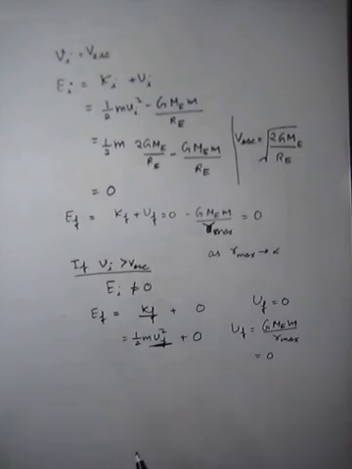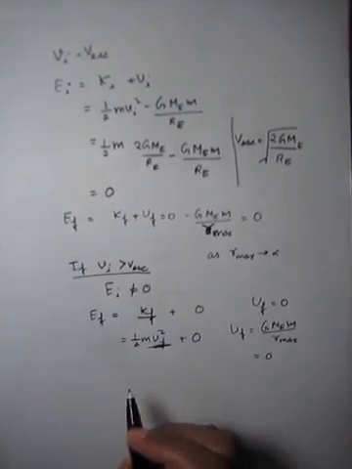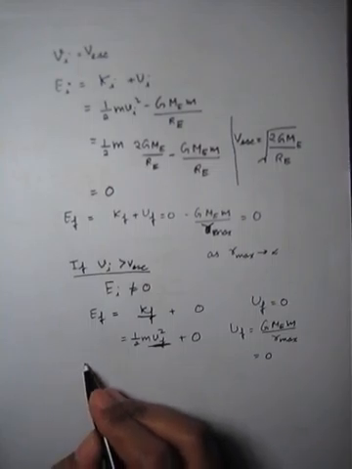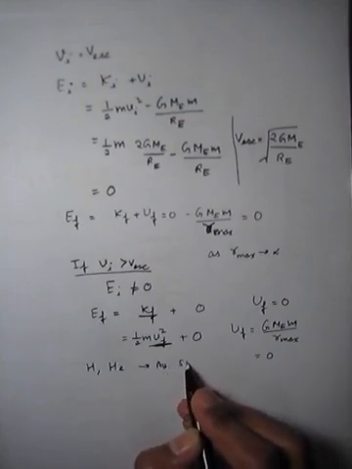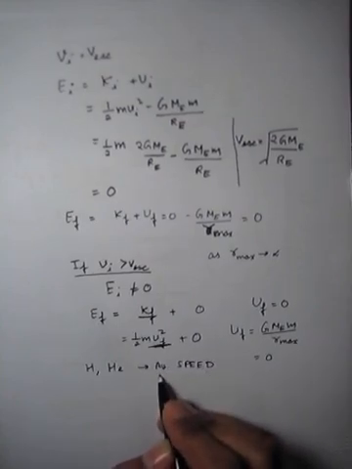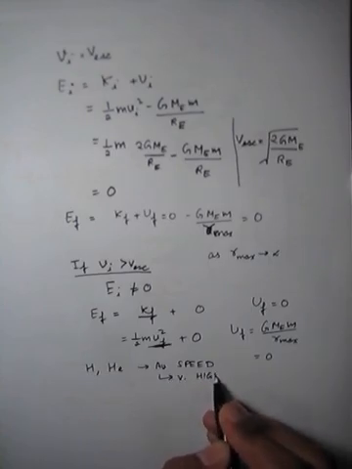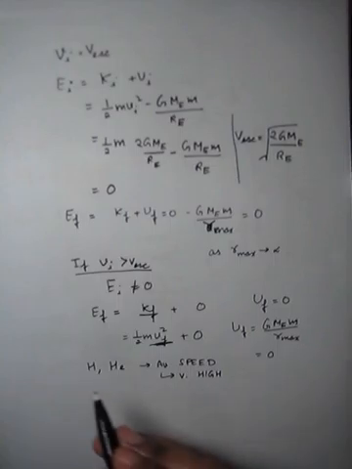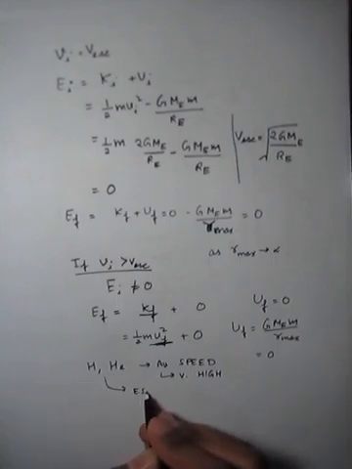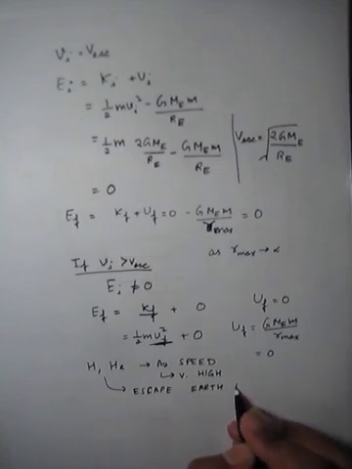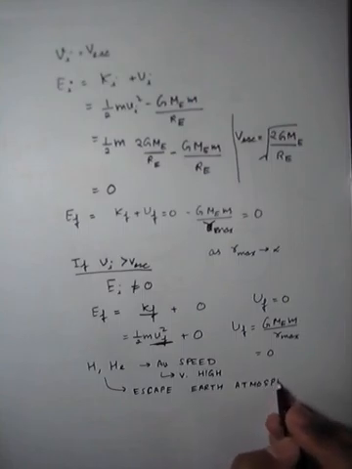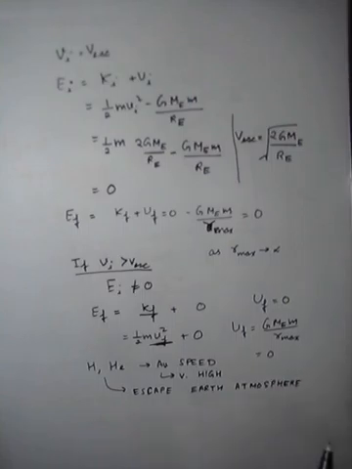Let me just explain to you the significance of escape velocity for atoms. The average speed of hydrogen and helium atoms is very high. And therefore, because of this very high velocity, hydrogen and helium escape the Earth's atmosphere, and so they are not present in the atmosphere of Earth.